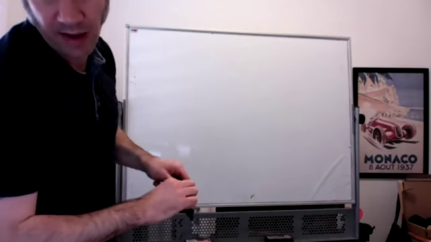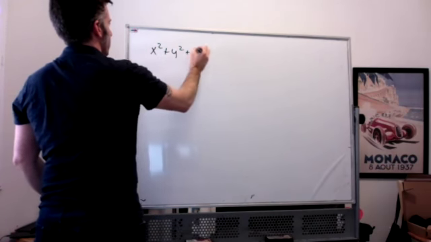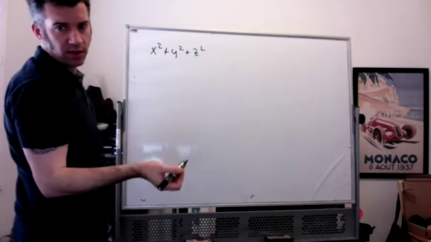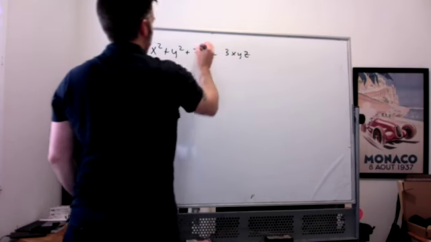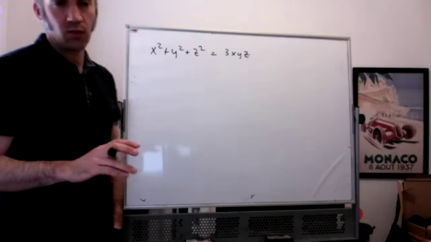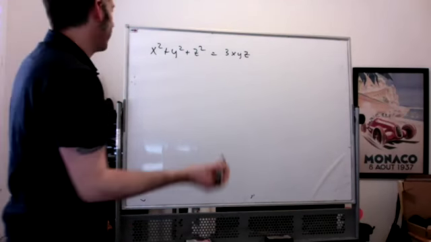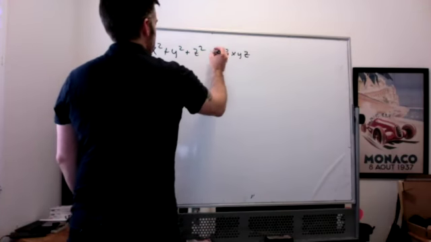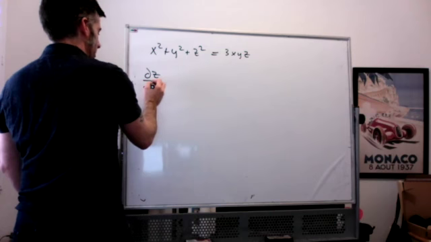Let's say we have that x squared plus y squared plus z squared equals 3xyz. We can't find z explicitly. So we want to find del z, del y.